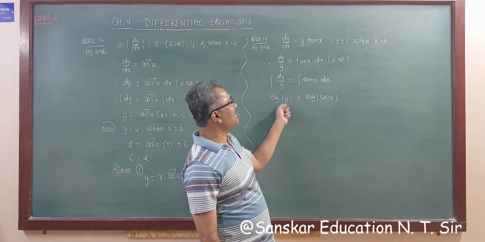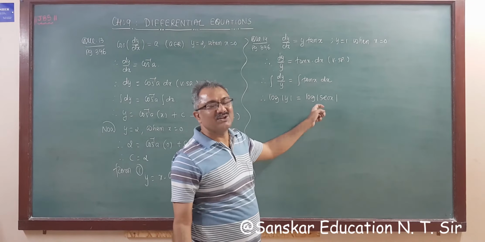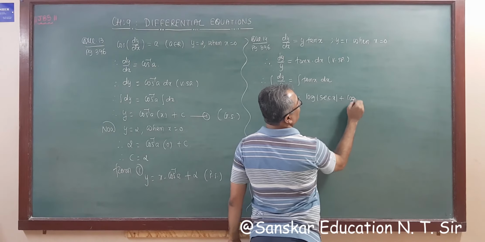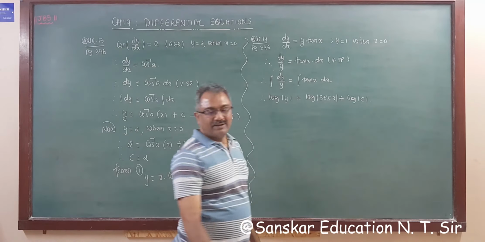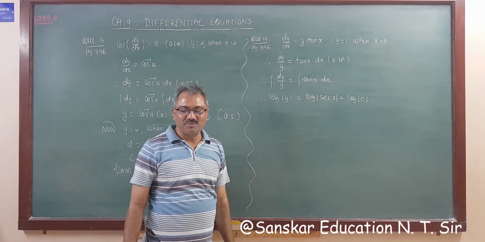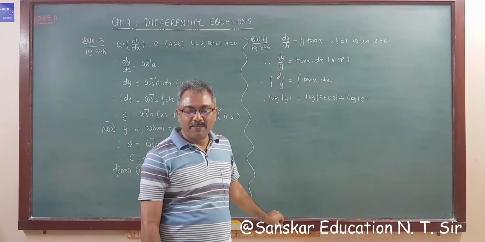But this is log, so we write it as log mod c. This is sec x, so plus log mod c. Got it? Since every term is in log, the arbitrary constant is also written as log, right?